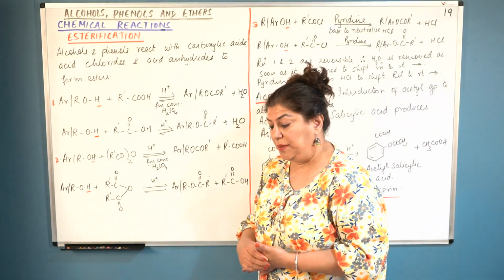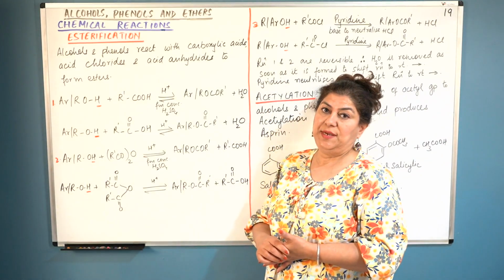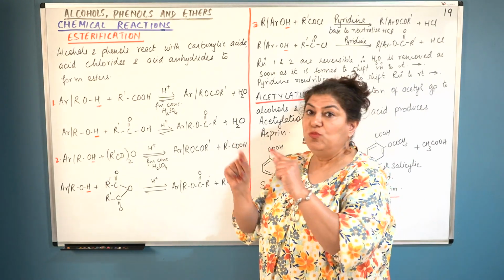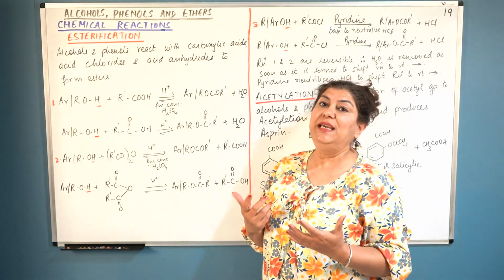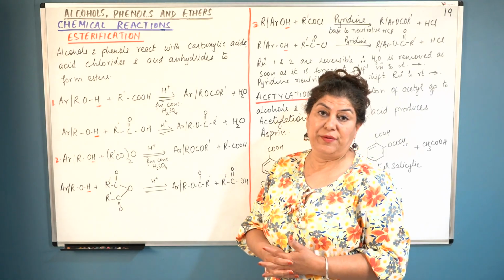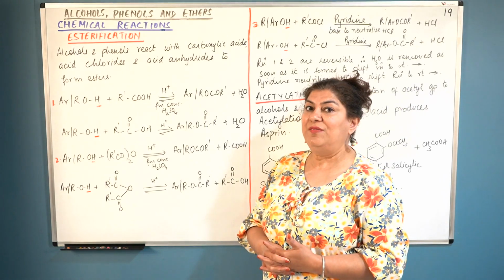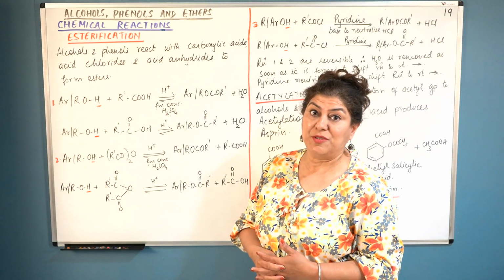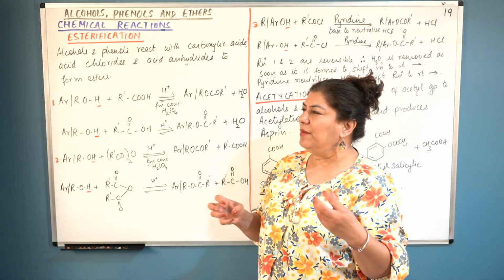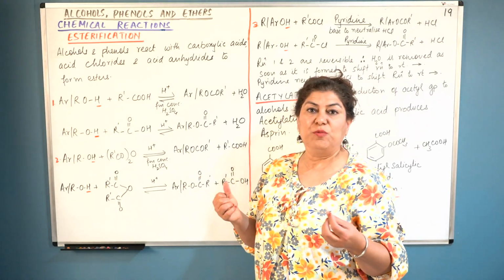Here's a tip. Especially in organic chemistry, if you know which atom is moving where, it becomes very easy to memorize the chemical reactions. That's the reason why we usually do the reaction mechanisms, because sometimes it becomes a little tricky where an atom or a molecule is moving.